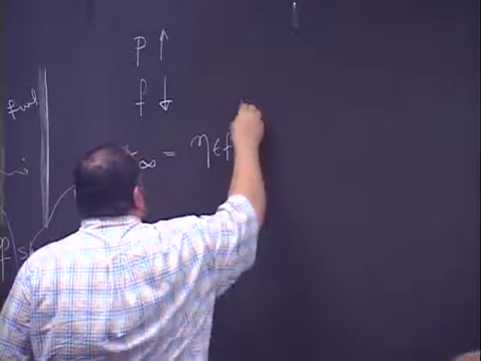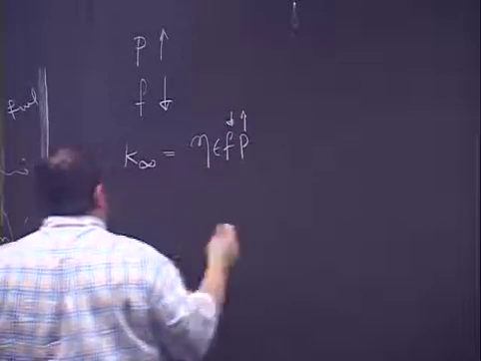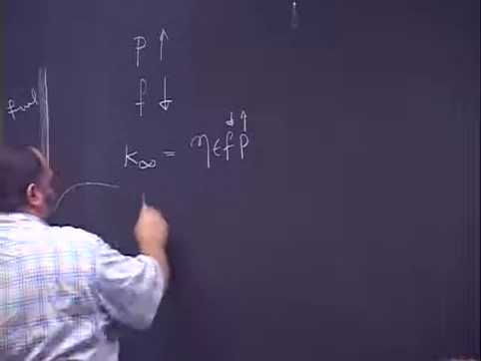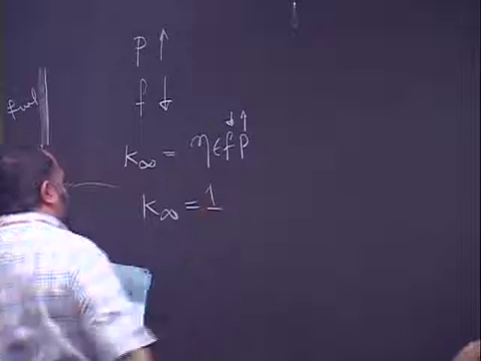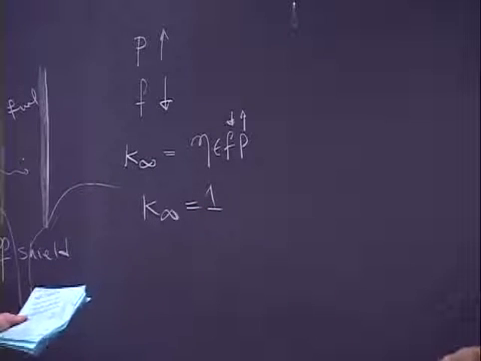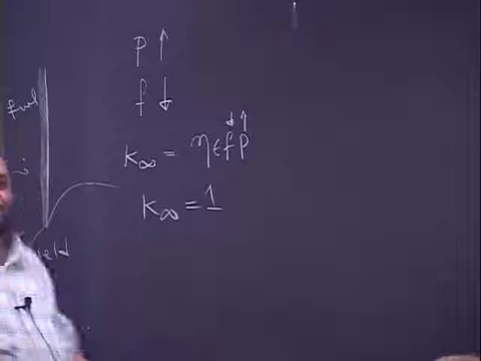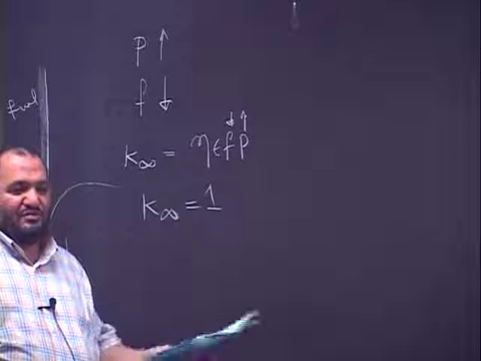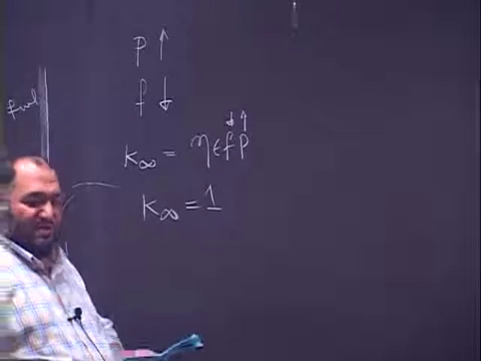So if p increases and f decreases, the total effect will be an increase in k infinity. And once you do the fuel lumping, you can reach a value for k infinity equal to 1. This is usually what they did in the first nuclear reactor, when they designed the first graphite moderated reactor at the Chicago site.